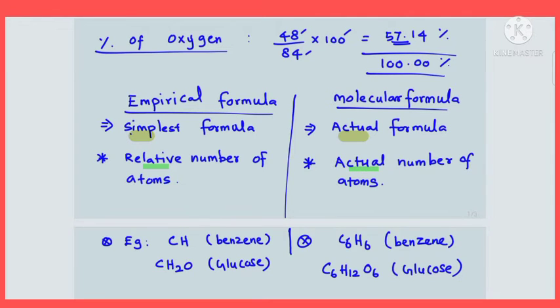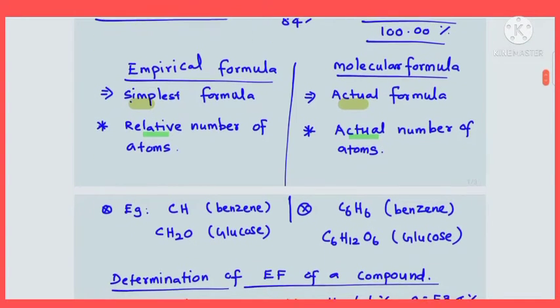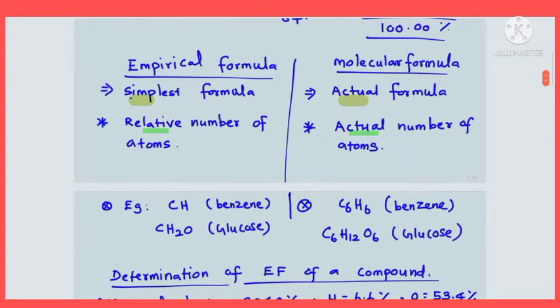So from the molecular formula you can say exactly how many atoms of a particular kind we have, but the empirical formula gives only a ratio between the atoms. I have given an example for that. For benzene, the empirical formula is CH, which means in benzene, the ratio of carbon and hydrogen is equal.